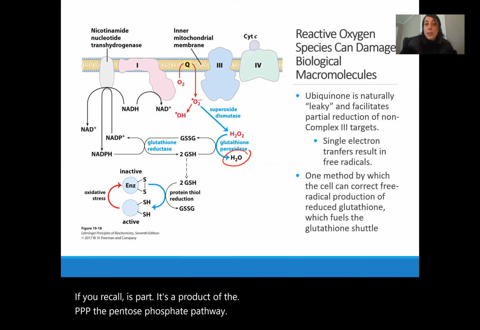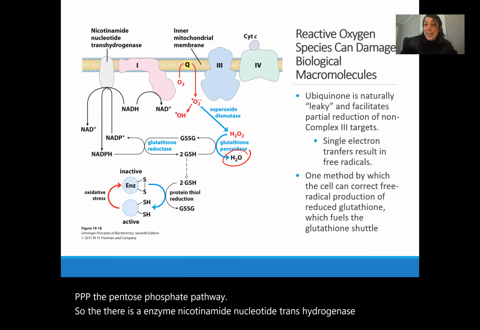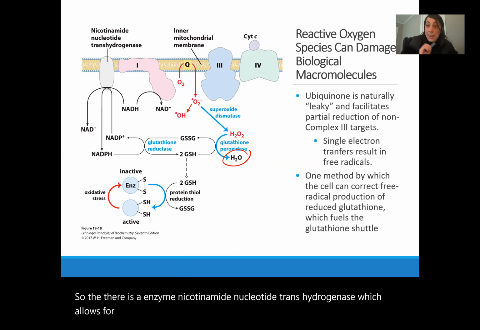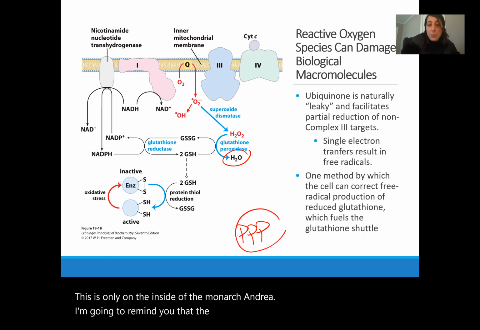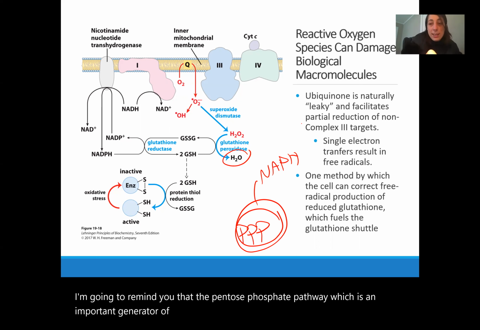So there is an enzyme, nicotinamide nucleotide transhydrogenase, which allows for the transformation of NADH into NADPH. This is only on the inside of the mitochondria. I'm going to remind you that the pentose phosphate pathway, which is an important generator of NADPH, is actually in the cytosol.